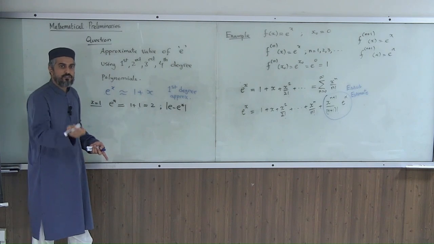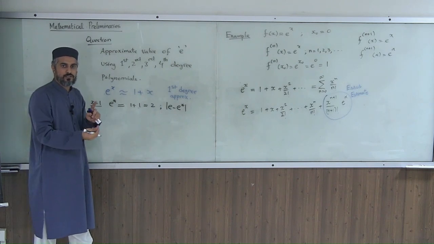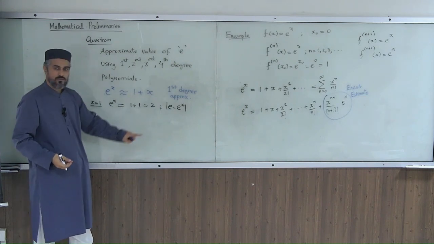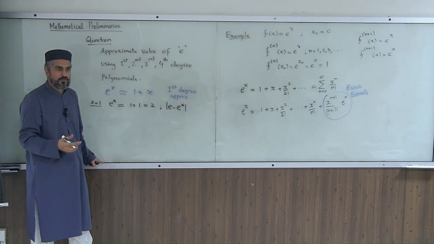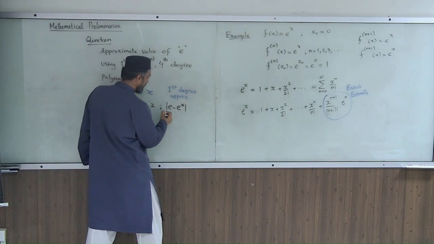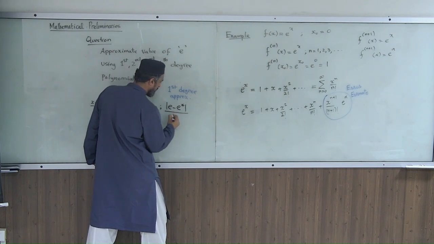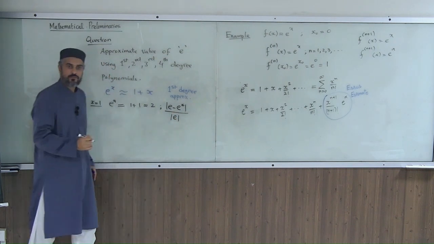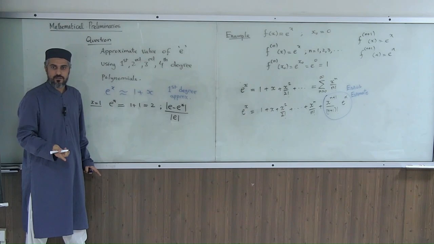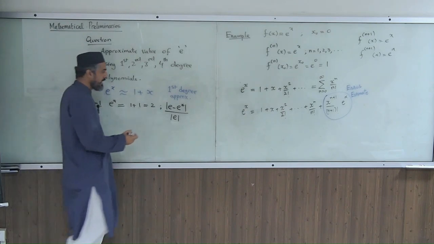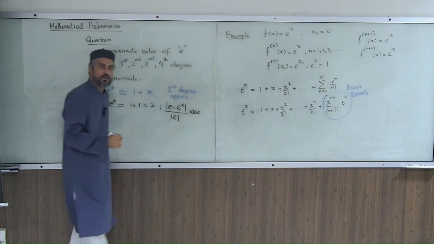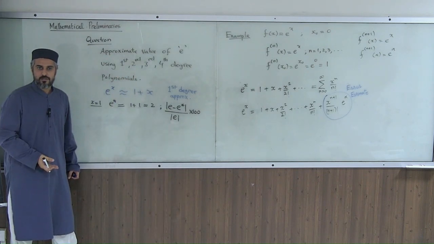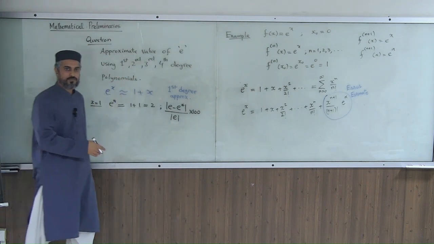If any one of you go to the calculator and just write e minus 2, it is 0.71, this much value you'll get. And if you divide by the value e, what is this? A relative error. And if you multiply that with 100, what do you get? A percentage error. Can any one of you give me the percentage error?